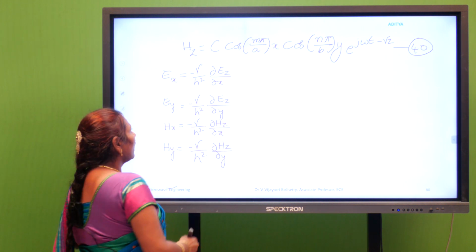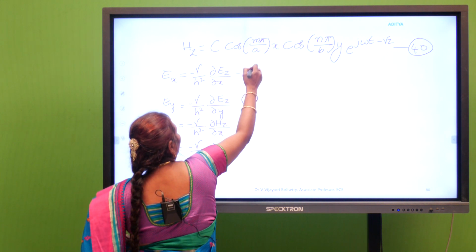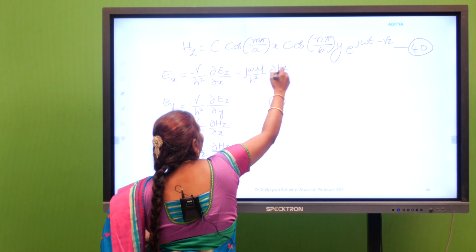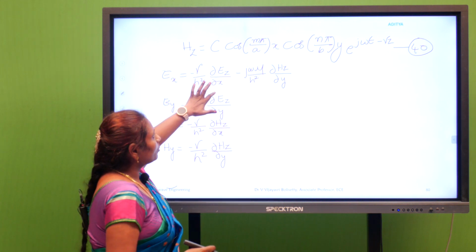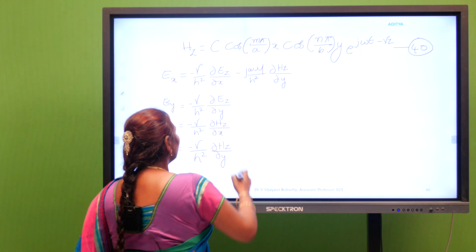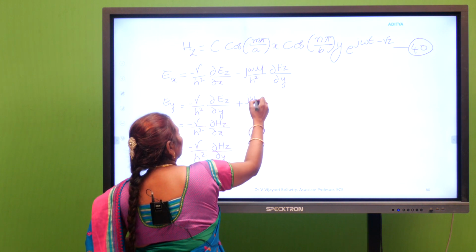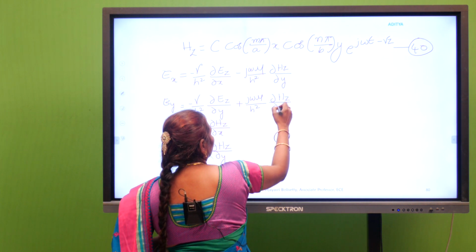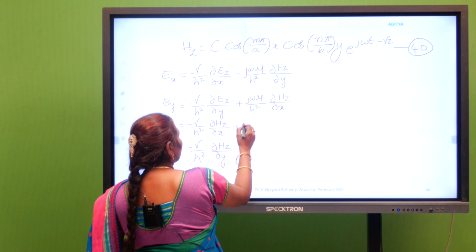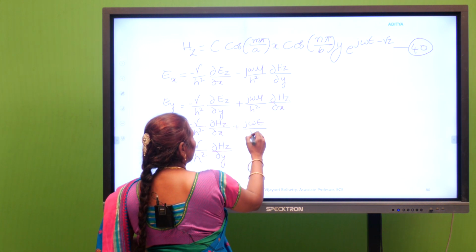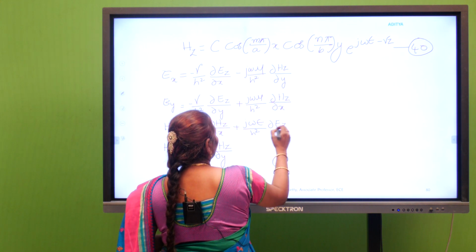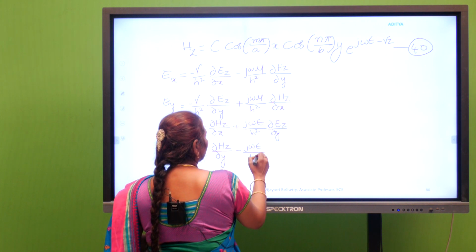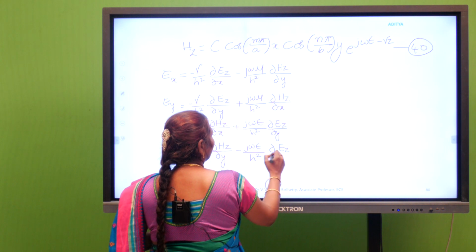Coming to the second component, here it is minus j omega mu by h square dou Hz by dou y, and this is plus j omega mu by h square dou Hz by dou x, plus j omega epsilon by h square dou Ez by dou y, minus j omega epsilon by h square dou Ez by dou x.